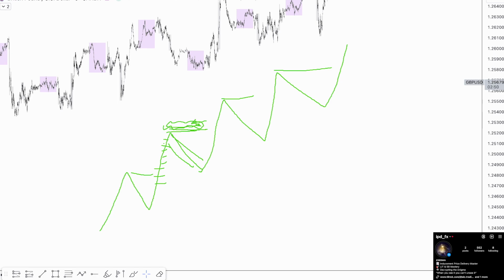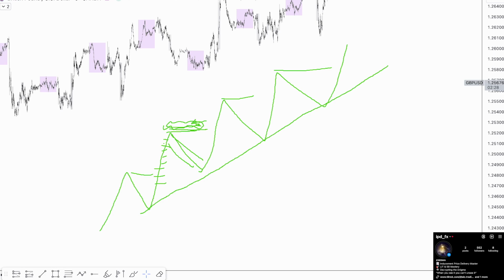What we also have, as you can see in the chart, is trend line liquidity, because obviously those who trade with retail concepts try to draw this trend line on the chart.